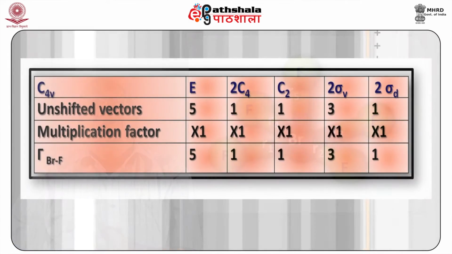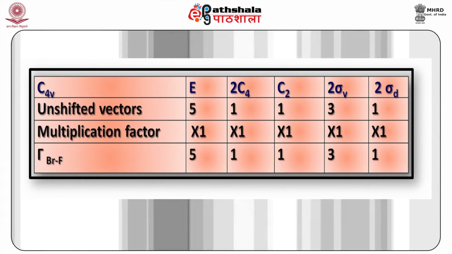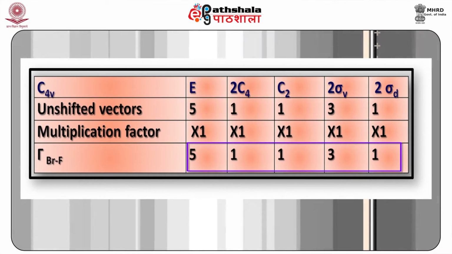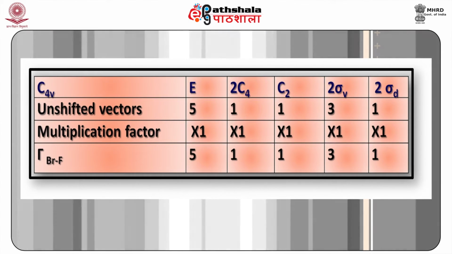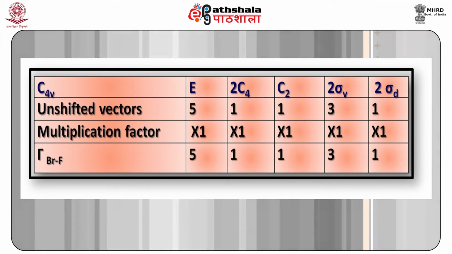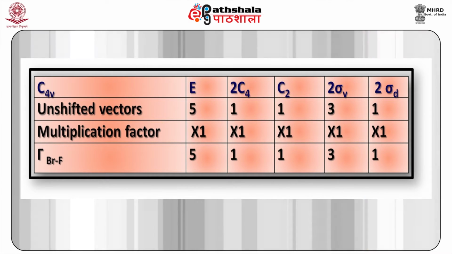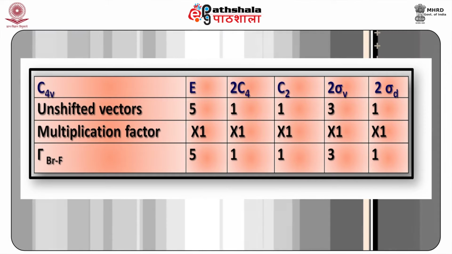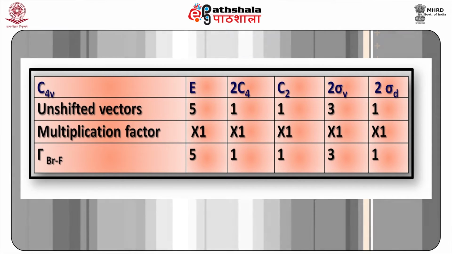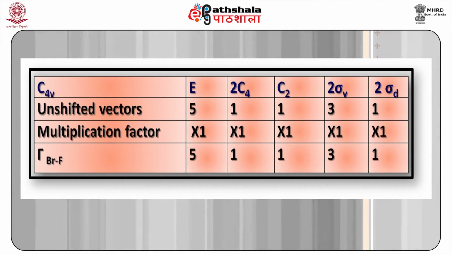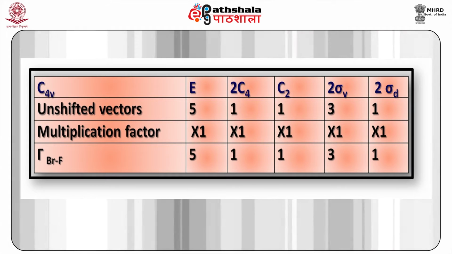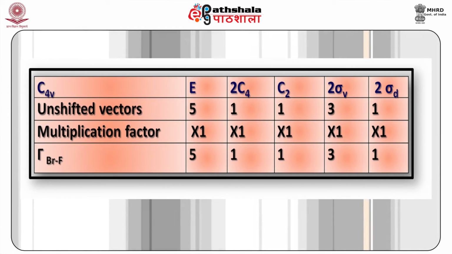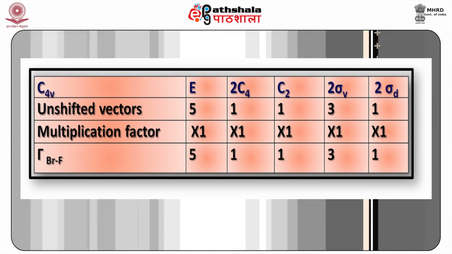So we have this summary of unshifted vectors: 5, 1, 1, 3, 1. Multiplied with the multiplication factor, we get this reducible representation as 5, 1, 1, 3, 1, and this can be reduced by making use of the standard reduction formula.